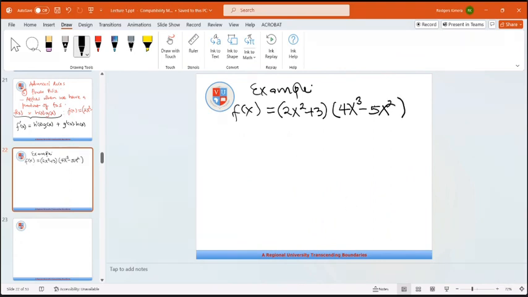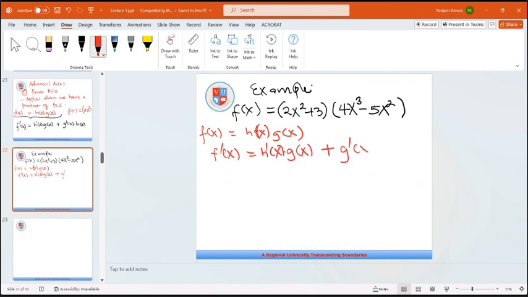Look at such an example. Identification of a product between two functions tells you what method you need to apply. Comparing to the method we've seen, if f of x equals h of x times d of x, then f prime x is h prime x times the second function plus the second function's prime times the first function.